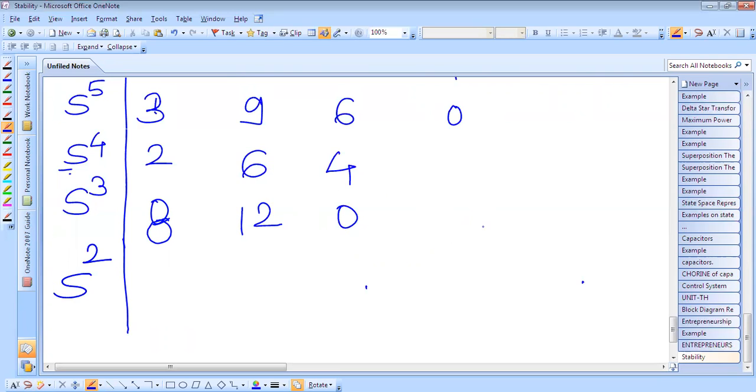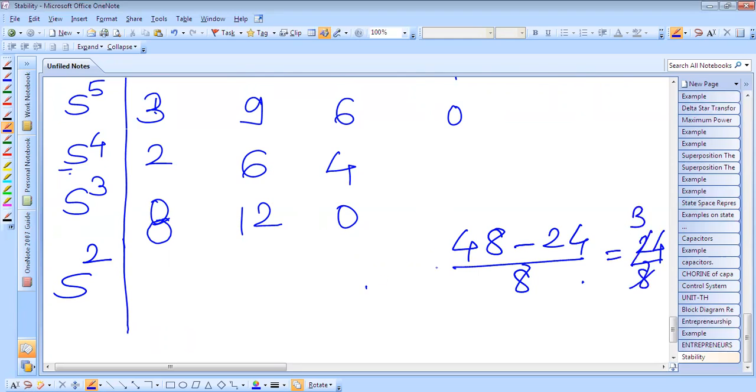8 into 6 minus, by 8. This element is coming, this is 3. Okay, so this is 8 into 6 minus 0 by 8. This is also coming 3.